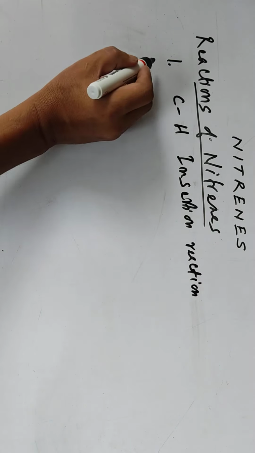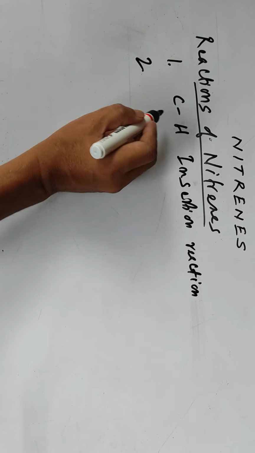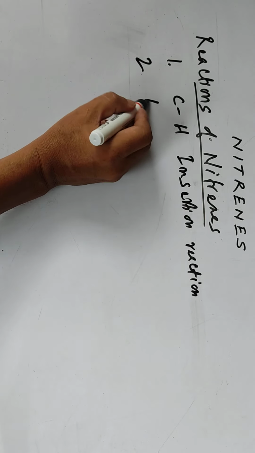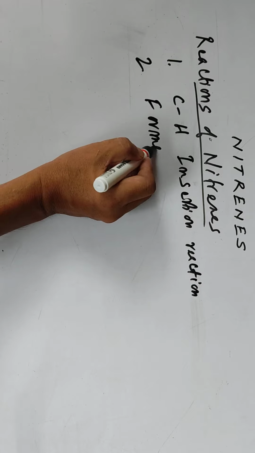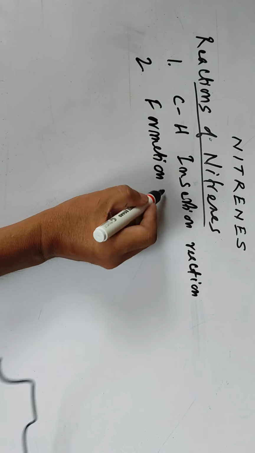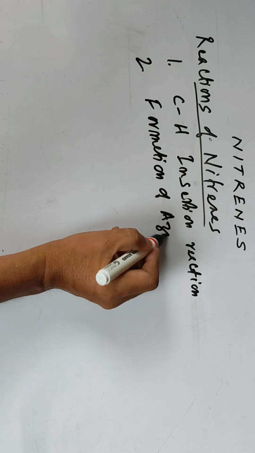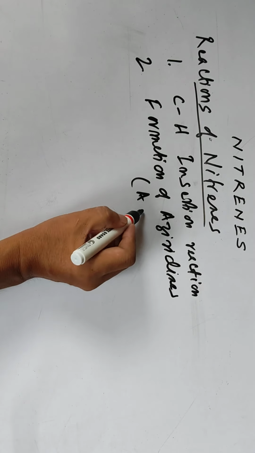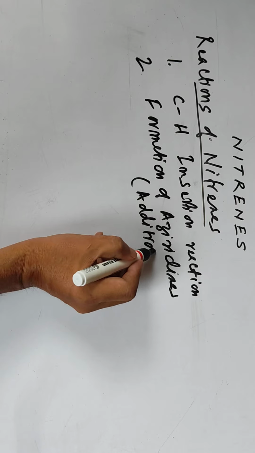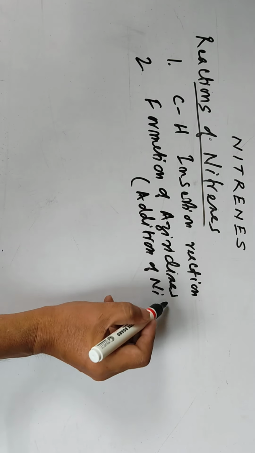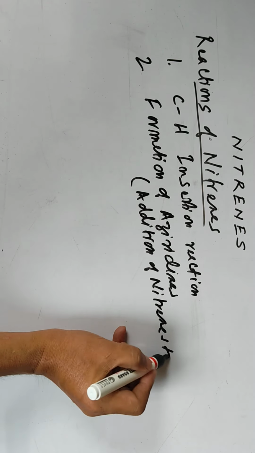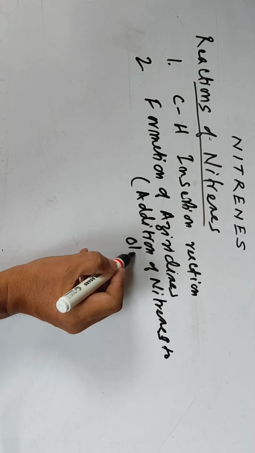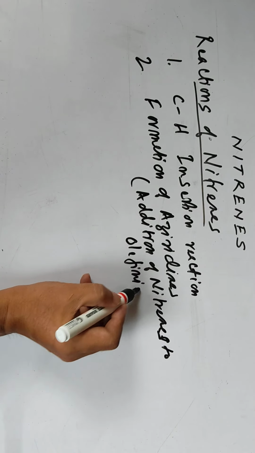The second one is addition, or formation of aziridines, or you can say addition of nitrogens to double bonds, to olefinic compounds.